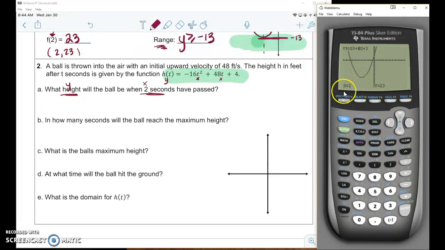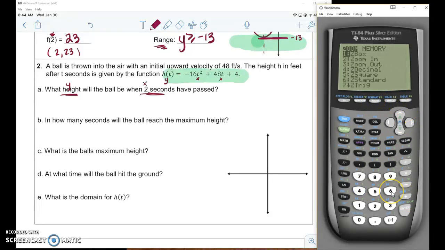I'm going to start by putting this into my calculator. -16, instead of t, I use x squared plus 48t, or 48x, and then plus 4.